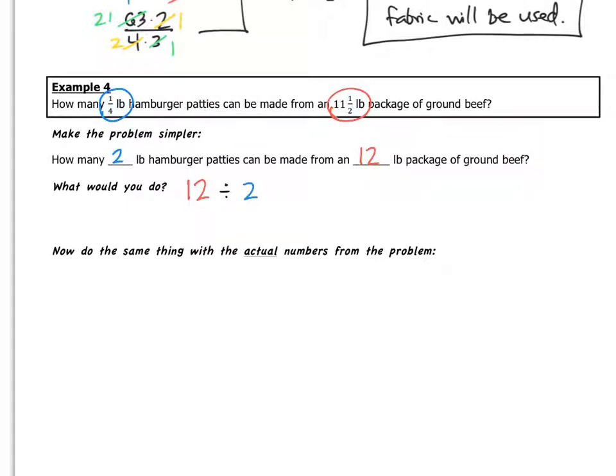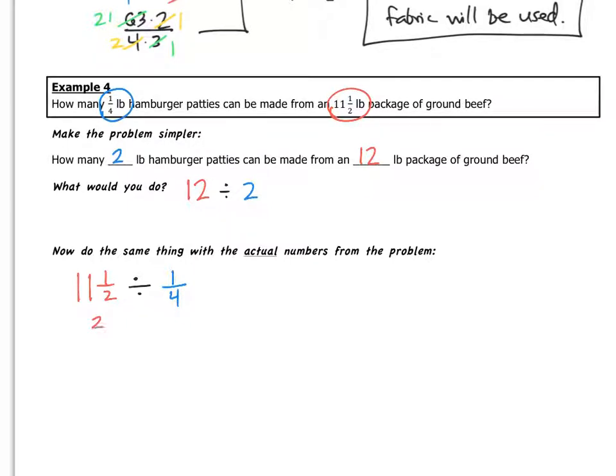12 divided by 2. Now let's replace those numbers with what we were actually given. Instead of 12 pounds, we have 11.5 pounds, and we're dividing that 11.5 pounds into 1/4 pound hamburger patties. So we're dividing by 1/4 for this problem. So for the division problem, we need to rewrite 11.5 as an improper fraction.